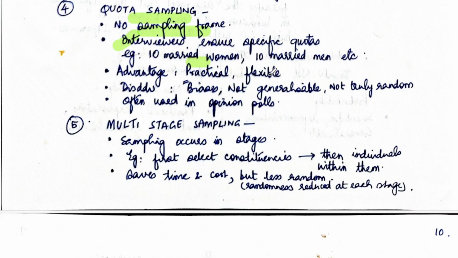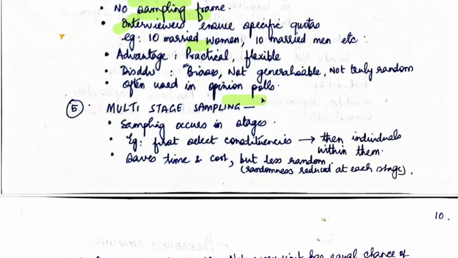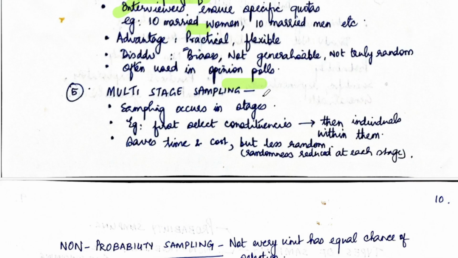We just make sure that the quotas are filled. This is mostly used in opinion polls where we want quick results for the study. But there will be disadvantages: there will be biases, it will not be generalizable, and it would not be truly random, of course, but it is practical and flexible.